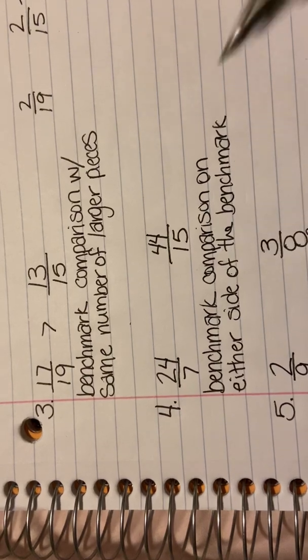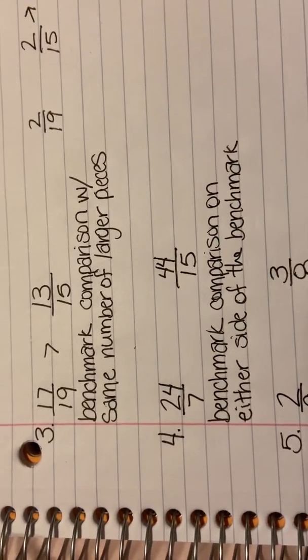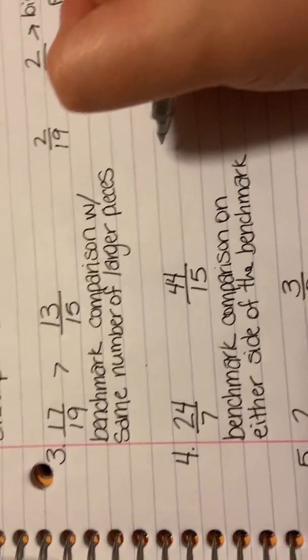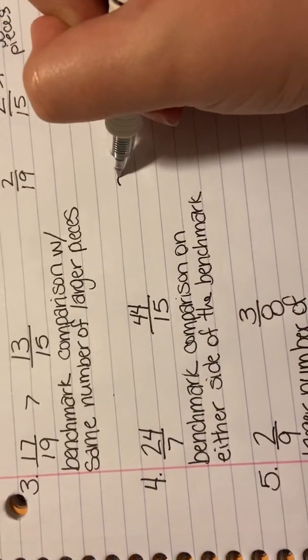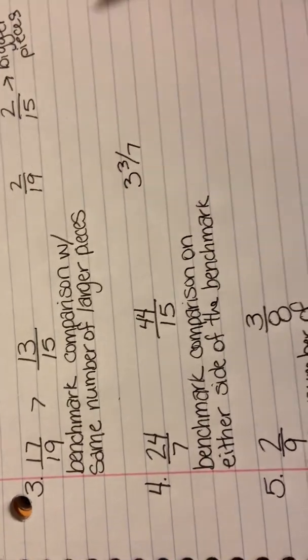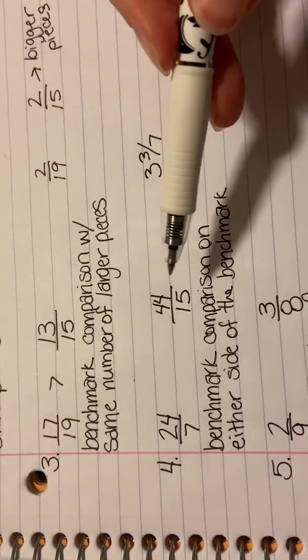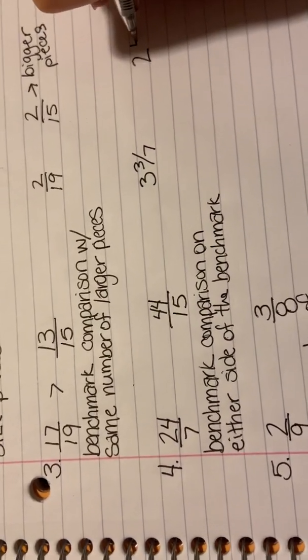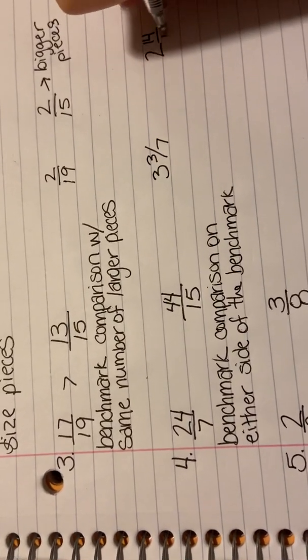I think of it first as a mixed number to find the benchmark. 24/7 written as a mixed number would be 3 3/7. And 44/15 written as a mixed number would be 2 14/15.